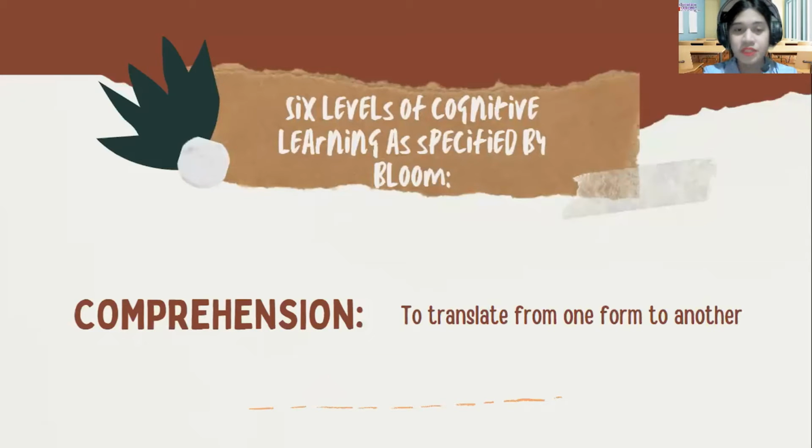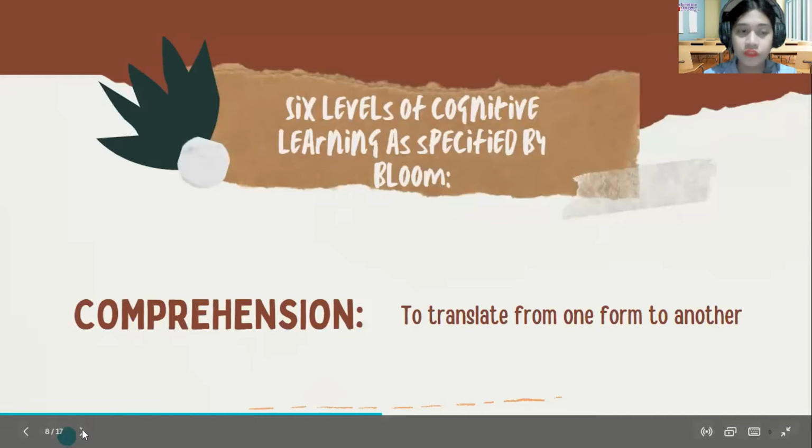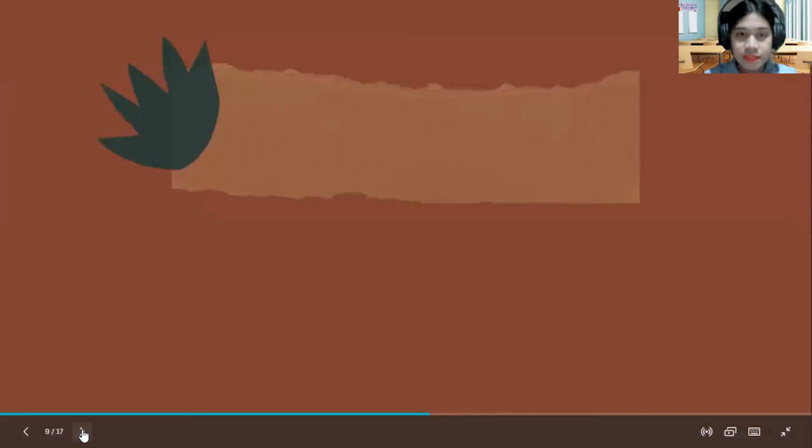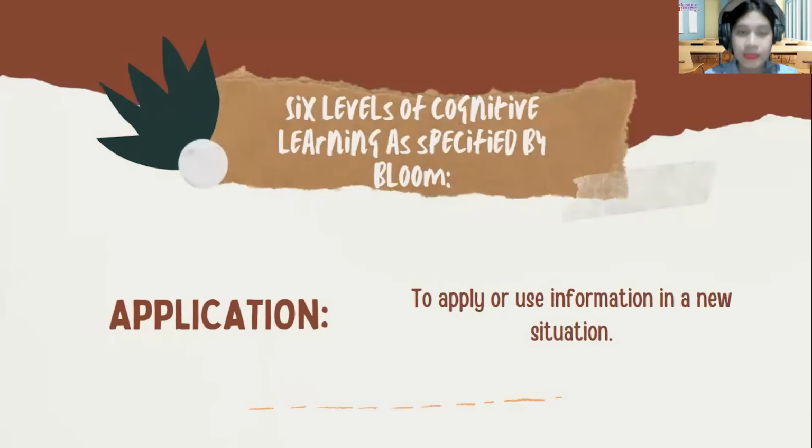Okay, understood. The third level of cognitive learning is application. Application is to apply or use information in a new situation. That is the key term of application.